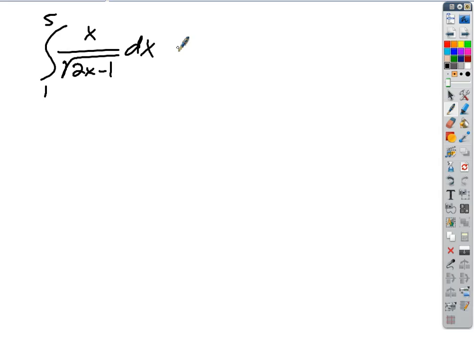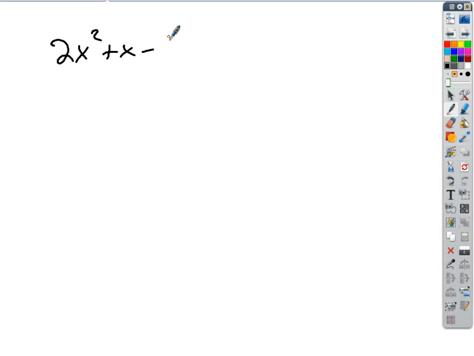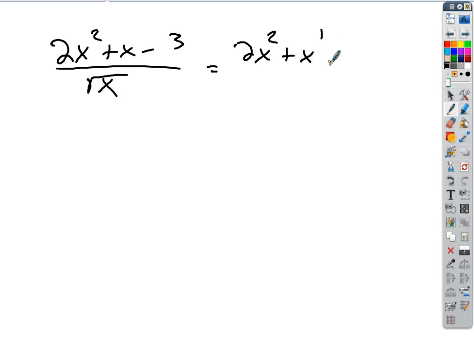And there's a reason for that. The reason is because I can easily simplify something like this. Say I have 2x squared plus x minus 3, all divided by the square root of a single thing. That's easy to do, because I can think of that as 2x squared plus x to the 1 minus 3, divided by x to the 1/2.